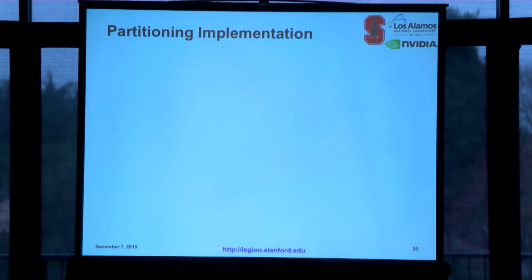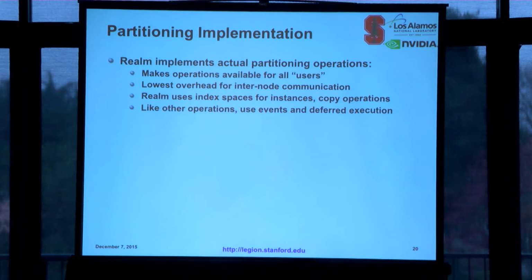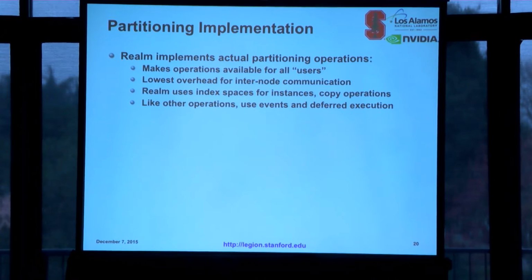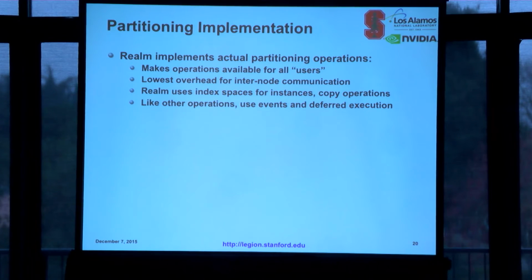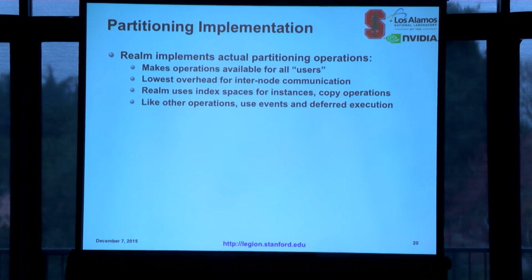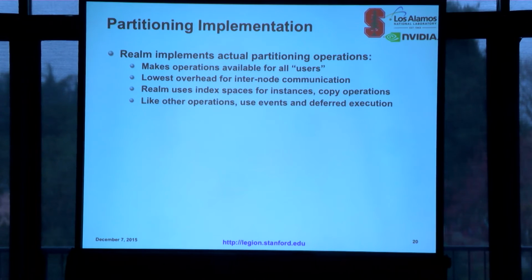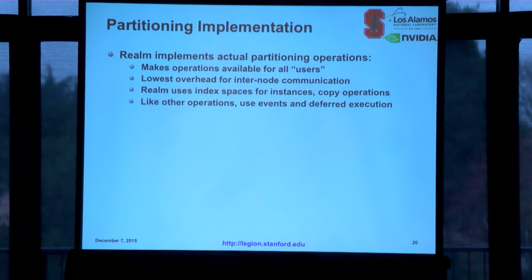Real quick, the implementation of this, as with many things in our programming model, is split between the various layers. The bulk of the actual partitioning operations are in Realm. This is for a couple of reasons. First of all, we want it to be available to all the various ways that you can get into the Legion and Realm ecosystem. But the other thing is that some of these operations, specifically the image and pre-image operations, require internode communication. And by getting it down to the lowest level, we can lower the overhead.